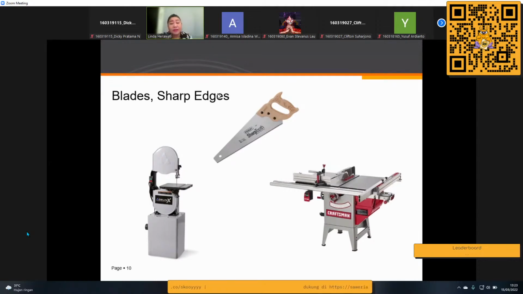Okay, this is also something we have to be concerned about: the blades and the sharp edges.